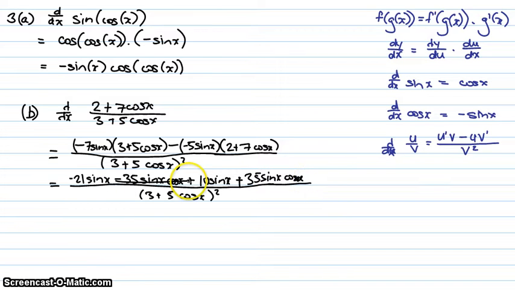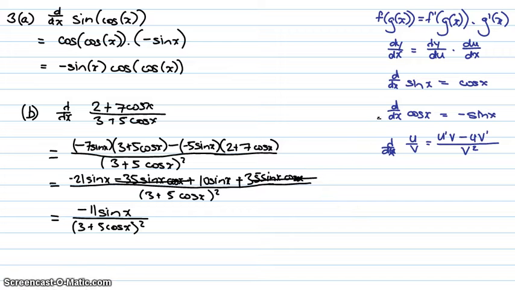The minus 35 sine x cosine x and plus 35 sine x cosine x cancel, and minus 21 sine x plus 10 sine x is going to give us negative 11 sine x over 3 plus 5 cosine x whole thing squared.